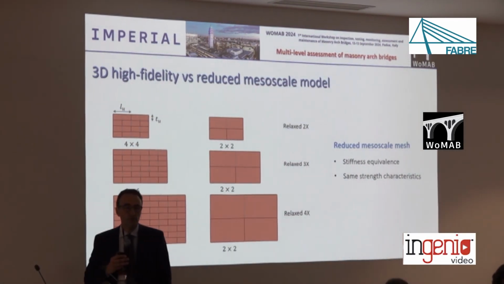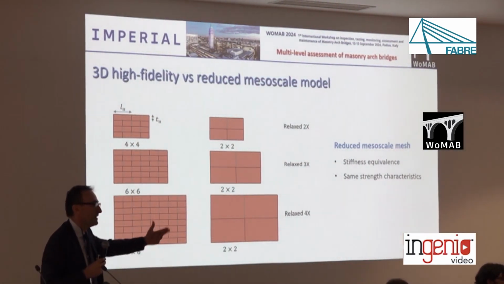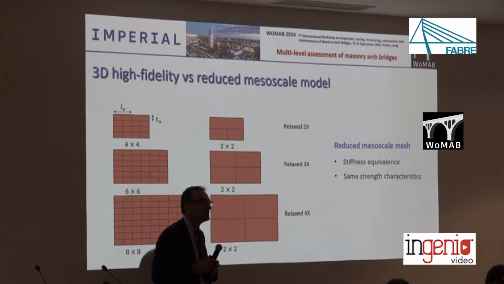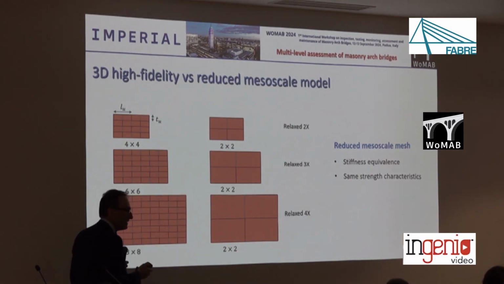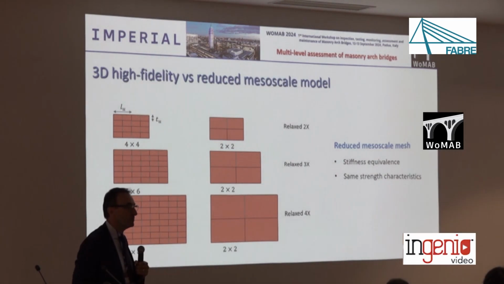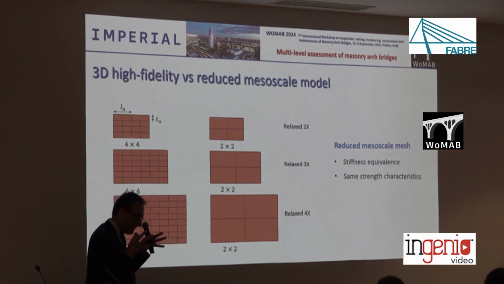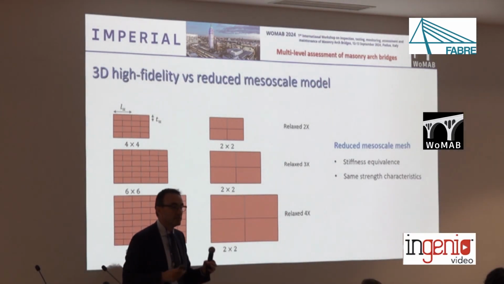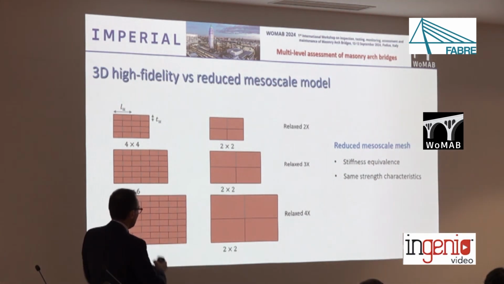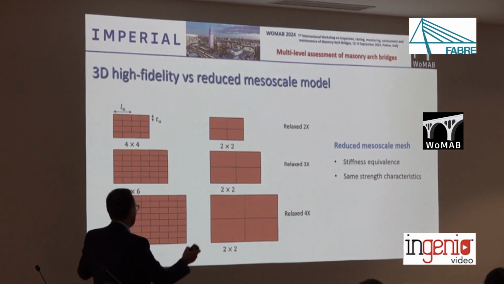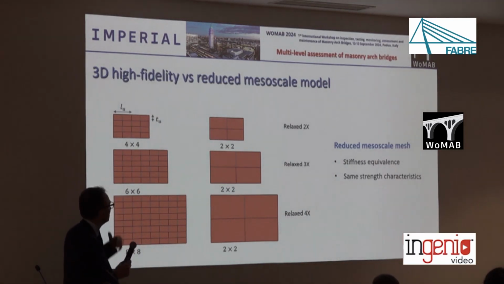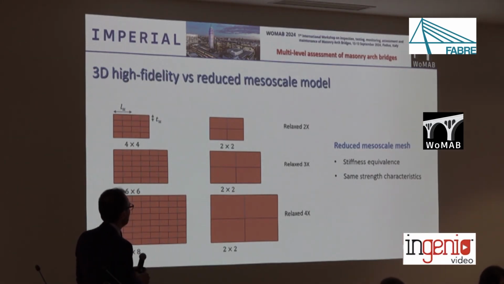Typically when we analyze super large structures, considering viaducts with 50 meter plus span, 9 rings, a number of spans, it's practically impossible, even using high performance computing resources, to use the actual mesh which represents the actual bond. We need relaxation. So what does relaxation mean? It means expanding the mesh. So instead of using one solid element for each brick, increasing the element size.